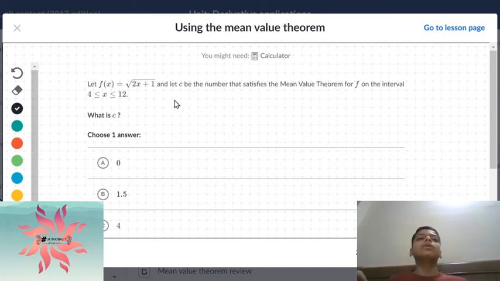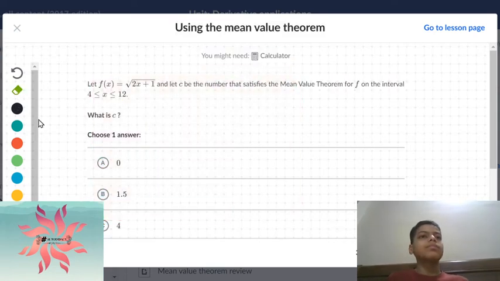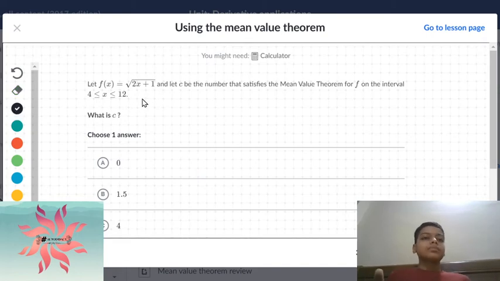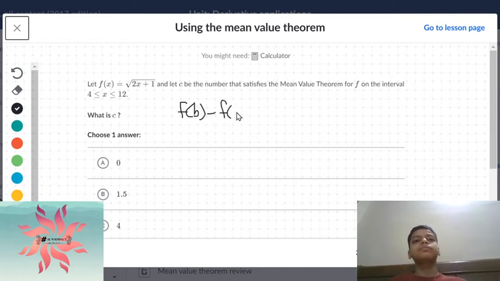The theorem tells us that f of b minus f of a, divided by b minus a, is equal to f prime of c at some point.